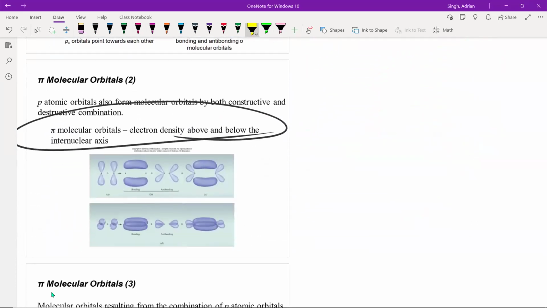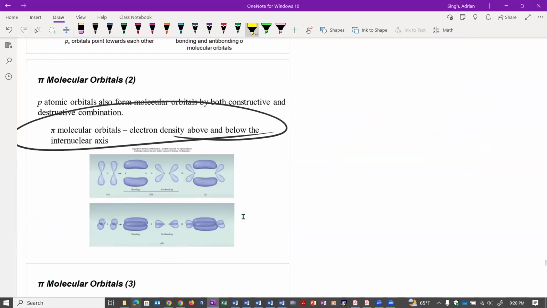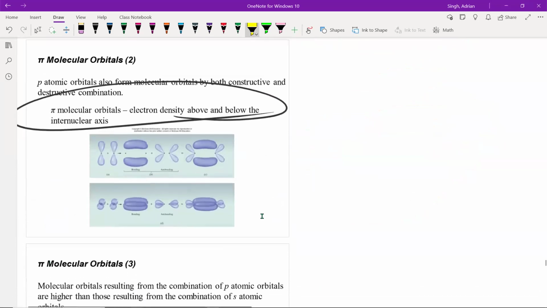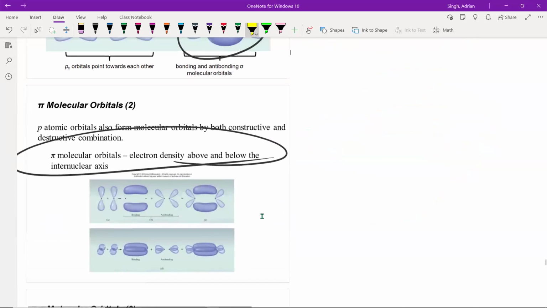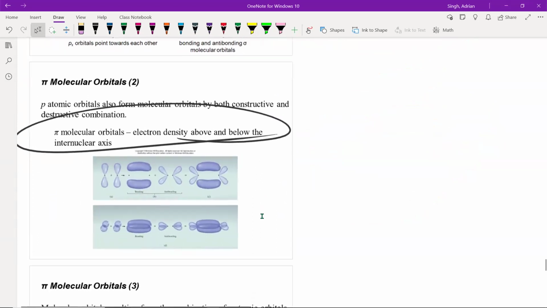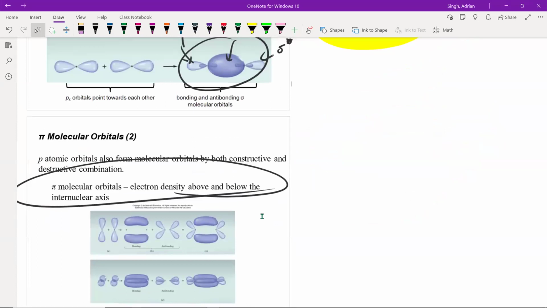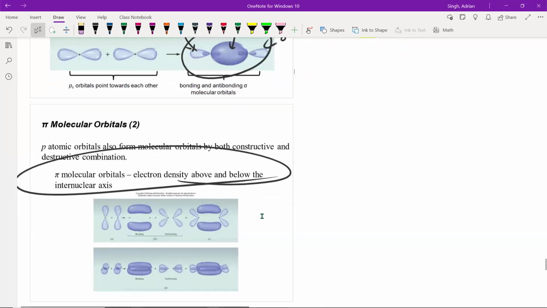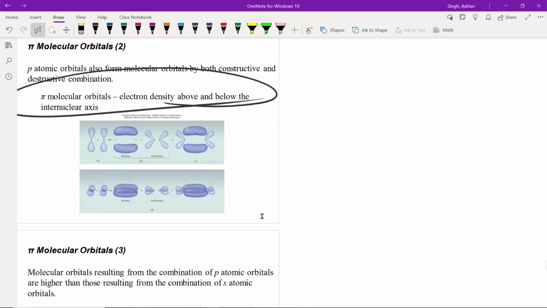So what we end up with are a set of molecular orbitals. If we combine p orbitals, we get sigma, and we get 2 pi molecular orbitals. The sigma molecular orbital electron density is along the internuclear axis. For the pi MOs, the electron density is above and below the internuclear axis.